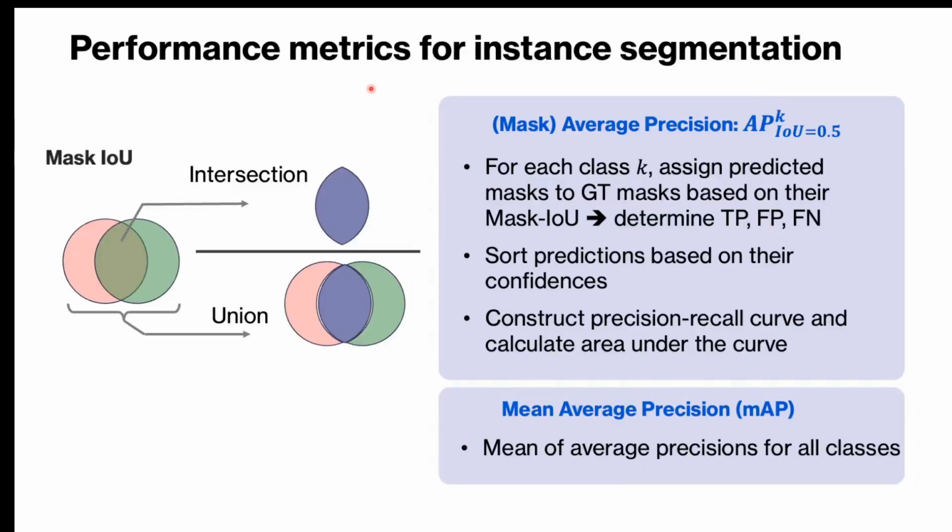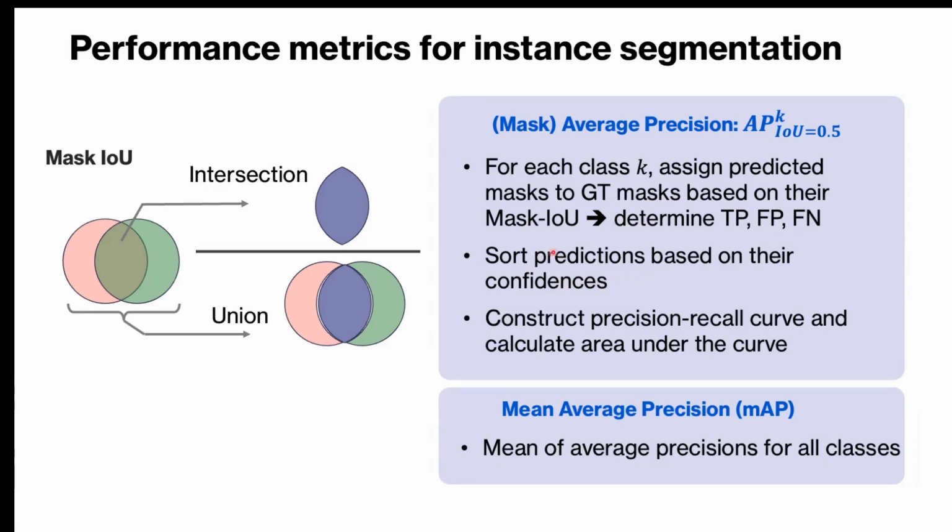The performance metrics for instance segmentation is very similar to object detection metrics, except that instead of bounding boxes, we can also use the mask for determining this average precision. So for each class K, we compute this average precision for class K with a given IOU threshold. To do this, we assign the predicted mask to ground truth mask based on their mask IOUs and determine true positive and false negative.